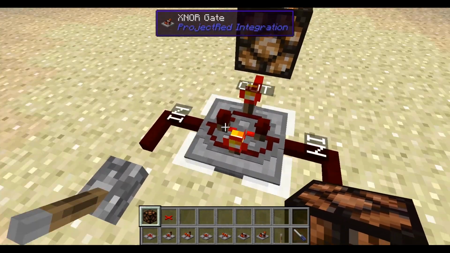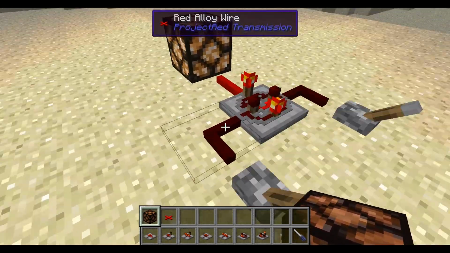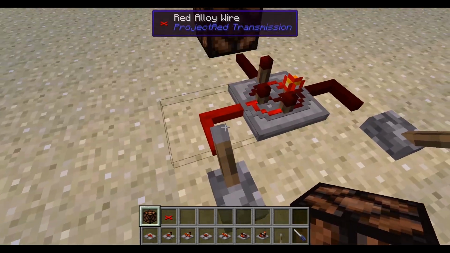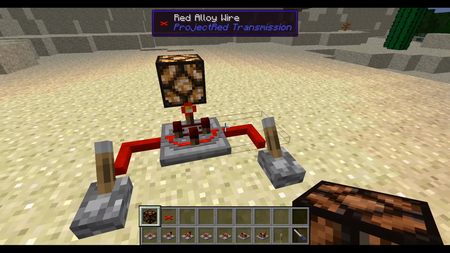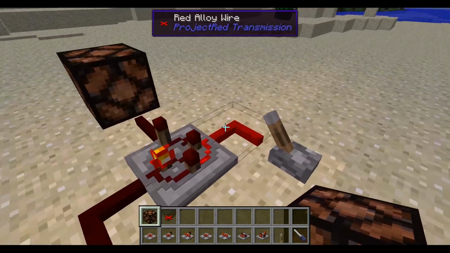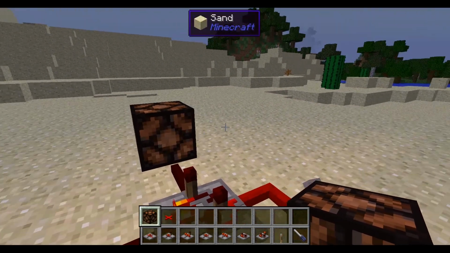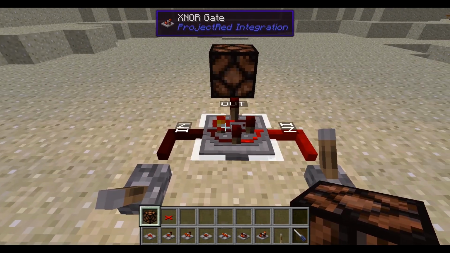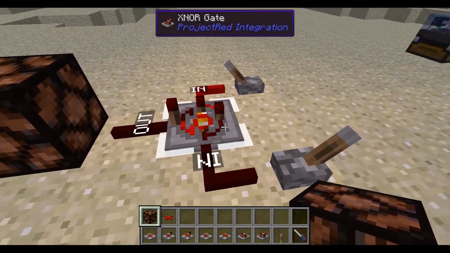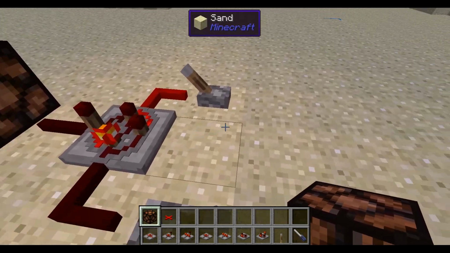As you can see, when both inputs are the same, the output is high. When the inputs aren't the same, the output will go low. So they're the same again, high, and then they're not the same and the output is low again. They're a little more complicated, but they're the last bit of the basic logic gates.